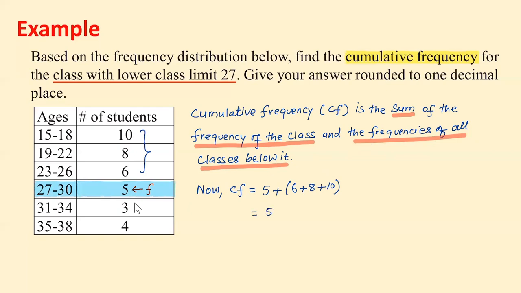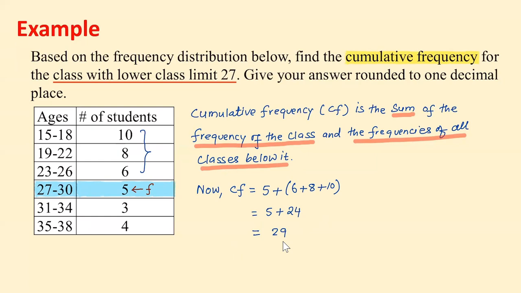So 5 plus the sum of frequencies of all classes below, that is 6 plus 8 plus 10, which is equal to 24. So finally, 5 plus 24 is 29. The meaning of that is the cumulative frequency for this class is 29.